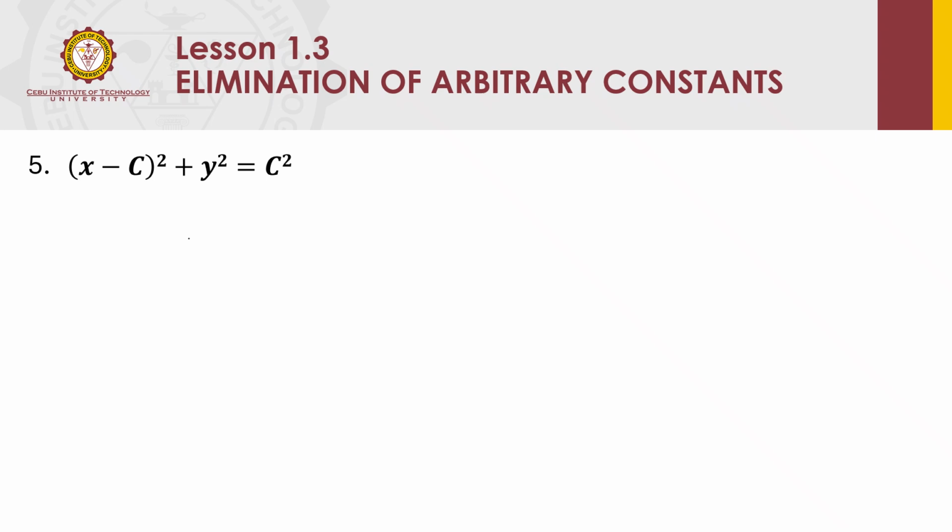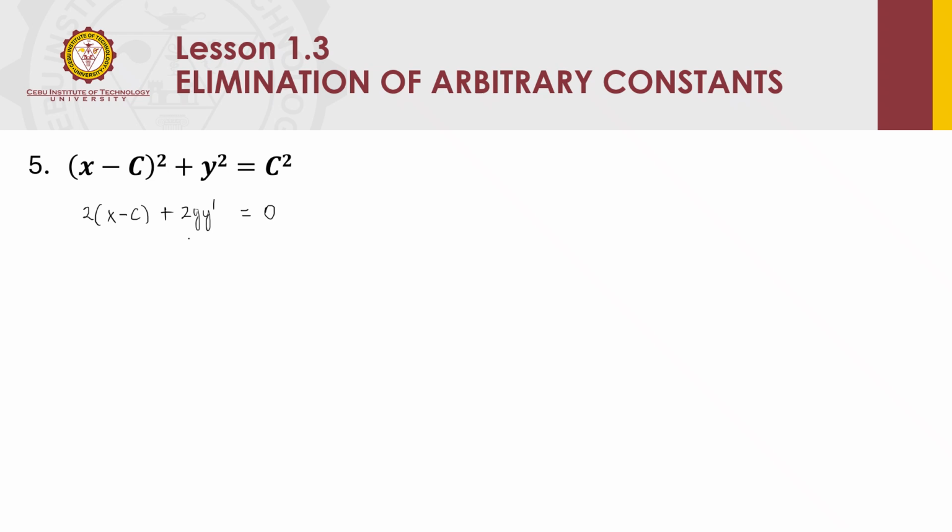So we get 2 times x minus c, times 1 for the derivative of x minus c, and then plus 2y y prime, and on the right side we have 0 for the derivative of a constant.